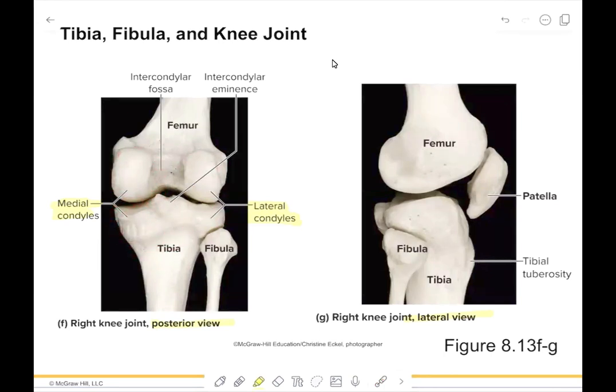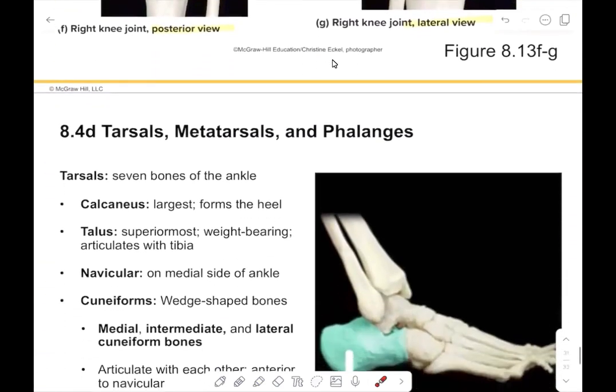Looking at a lateral view, we can see the femur, patella, fibula, tibia, and notice the tibial tuberosity is on the anterior surface of the tibia. So we can't see the tibial tuberosity here because this is a posterior view of the knee joint, the popliteal region.